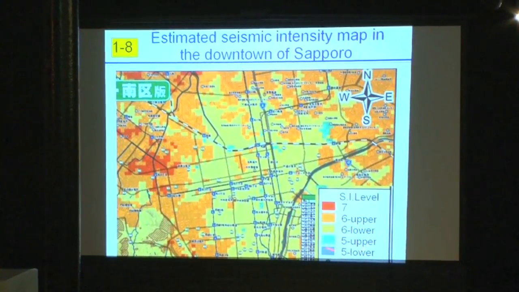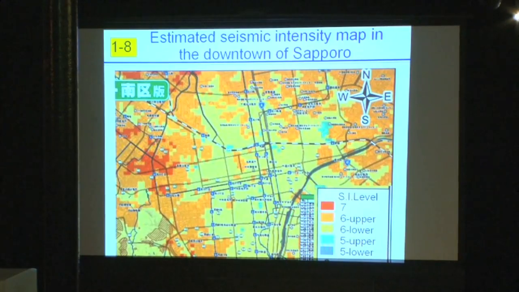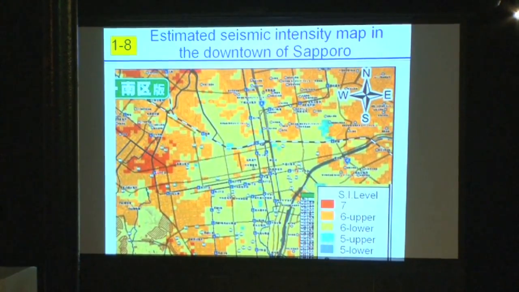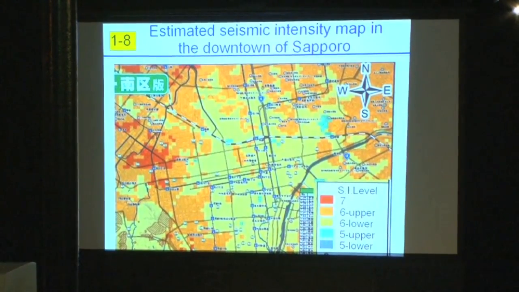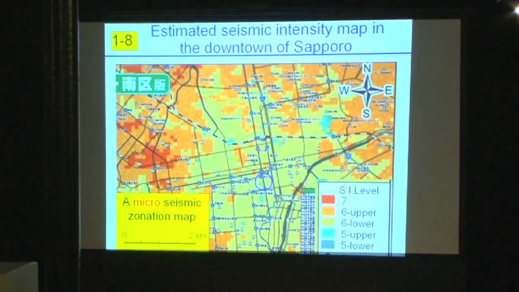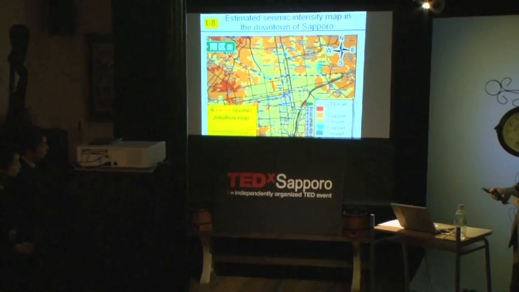These numbers are the seismic intensity levels used in Japan. Level 7 in red means the severest ground motion, which is located on the west side and north side. This building is just here at the sixth lower level. This map is called a micro seismic zonation map.